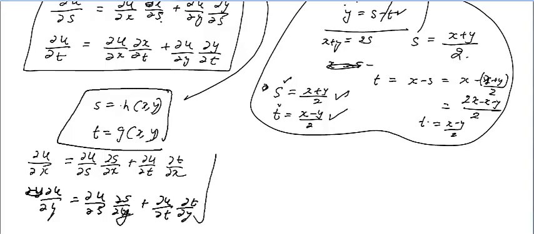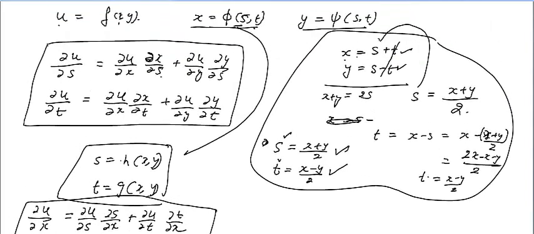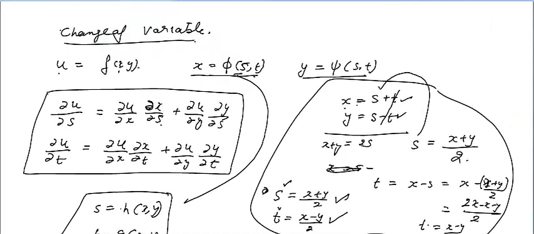The fundamental will be the same. So you need not worry about what kind of thing to remember. You need to remember only one thing out of this: whenever u is depending upon x and y, and x is depending upon s and t, and y is also depending upon s and t, how you will write the derivative of u with respect to s, and how you will write the derivative of u with respect to t.